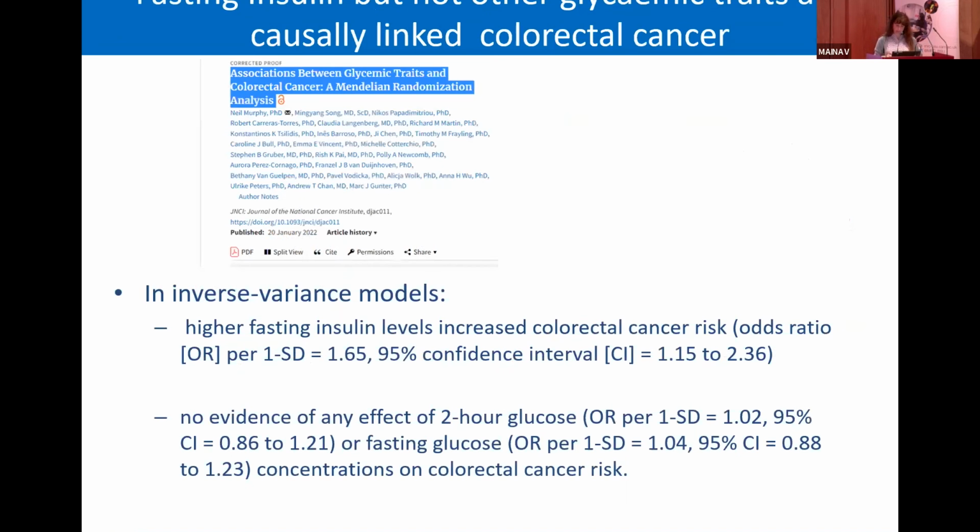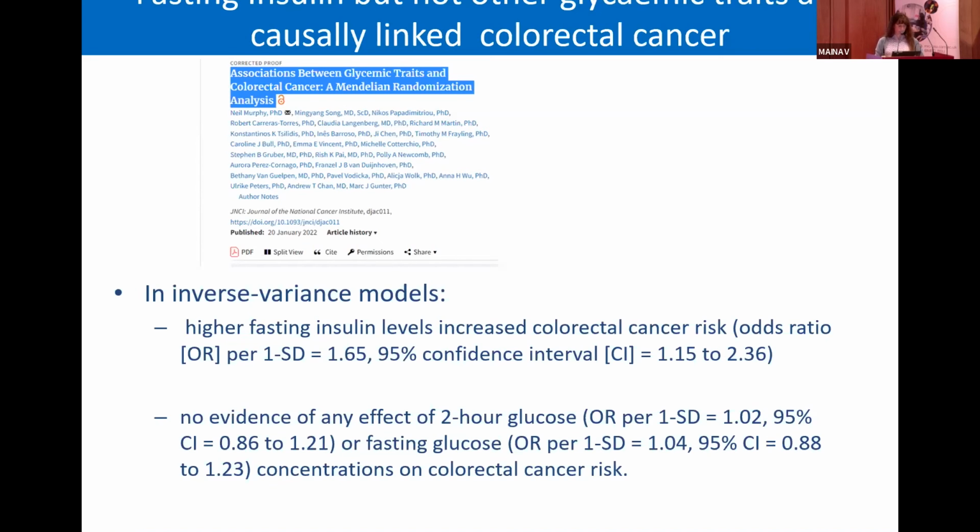And so very recently, with some colleagues in the cancer field, we have taken all these genetic scores for all these different traits and, conducting MR analysis, have demonstrated that higher fasting insulin levels are associated with increased risk of colorectal cancer. And actually, we don't see very strong evidence for the other glycemic traits increasing risk of cancer. So they're teasing apart the effects of glucose from the effects of insulin. And they are actually now expanding this to other cancers as well.